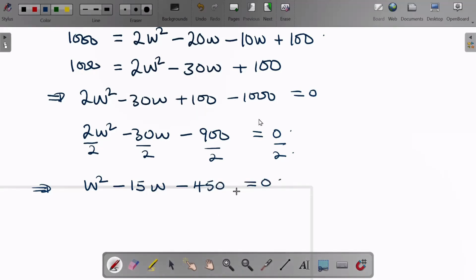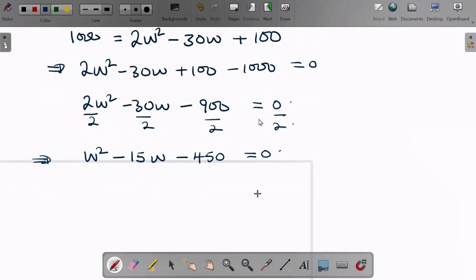So this is a quadratic equation which can be solved by our methods of solving any other quadratic equation. But in this case, we are going to use factorization because I can see it is factorizable, whereby we have the sum of factors giving us negative 15 and the product of factors giving us negative 450. So the factors we are to use are 15 and negative 30.